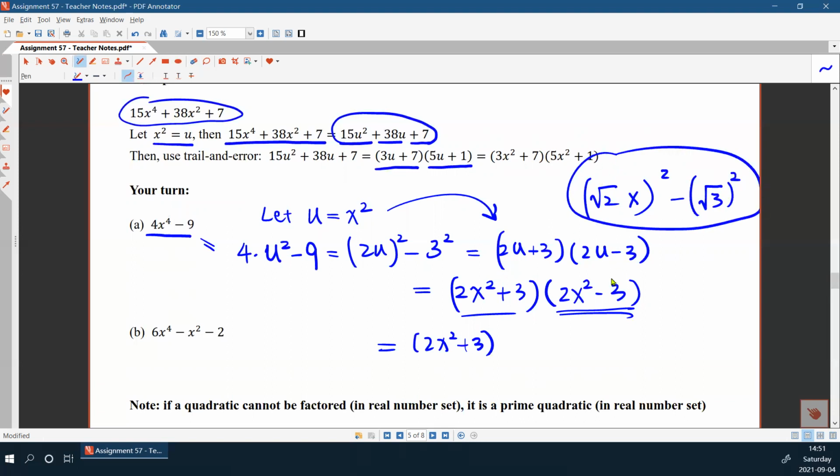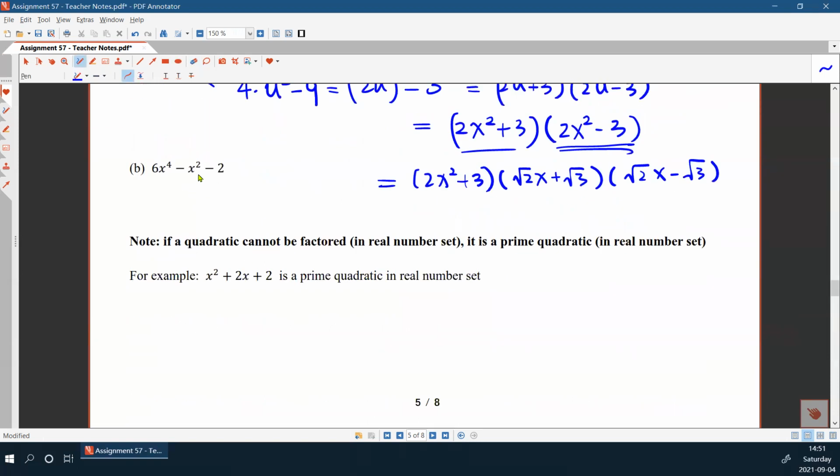So we can use a formula to factor the latter part, which is square root of 2x plus square root of 3 times square root of 2x minus square root of 3, right? Okay, do you understand? All right, let's have a look at the next question.